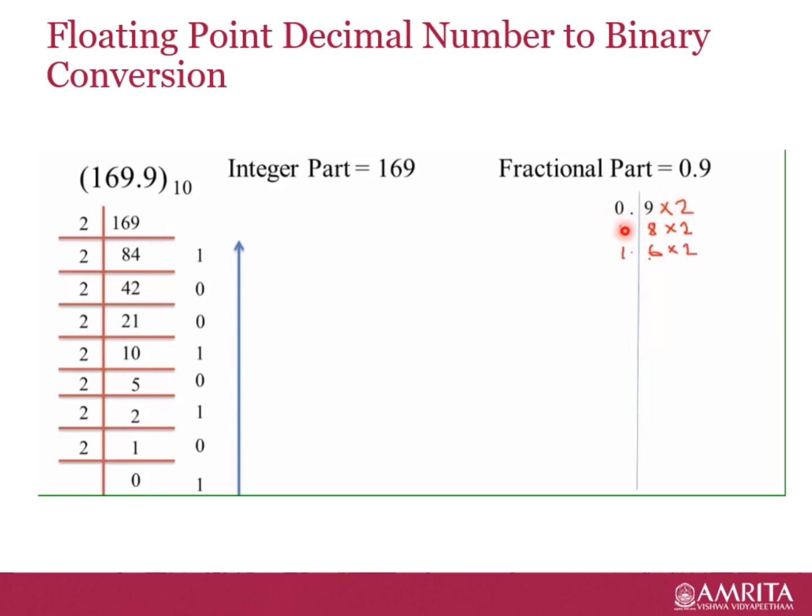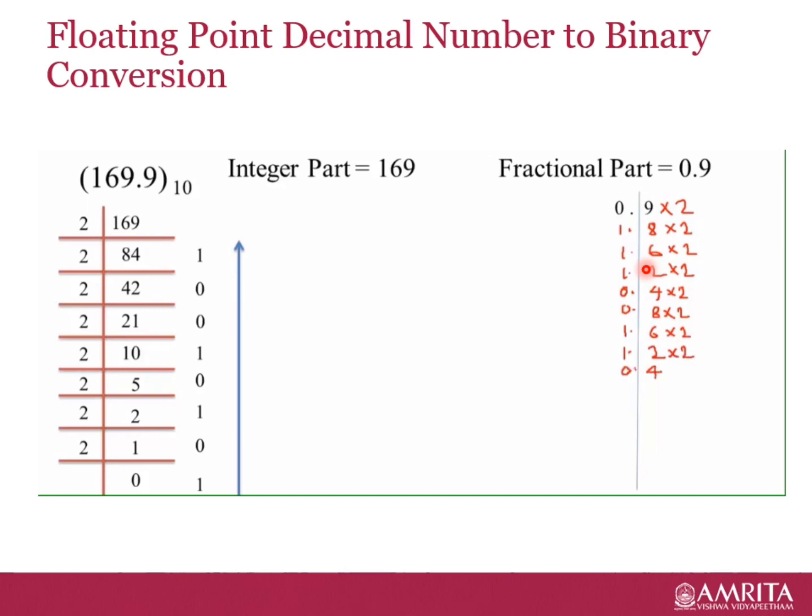The integer part of the answer is retained as such, whereas the 0.8, which is the fractional part of the answer, is again multiplied by 2 to obtain 1.6. Here also the integer part 1 will be retained and the remaining 0.6 is again multiplied by 2 to obtain 1.2. Similarly, all the integer portions will be saved and the corresponding fractional part is again multiplied by 2.